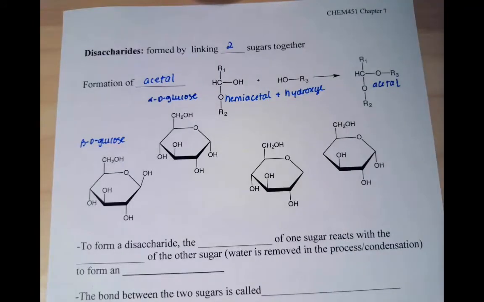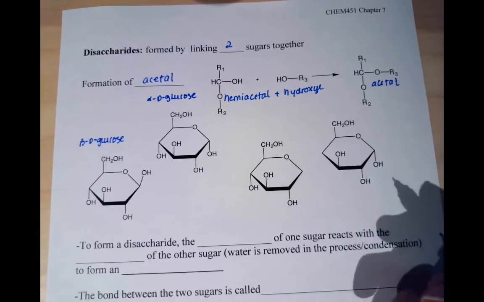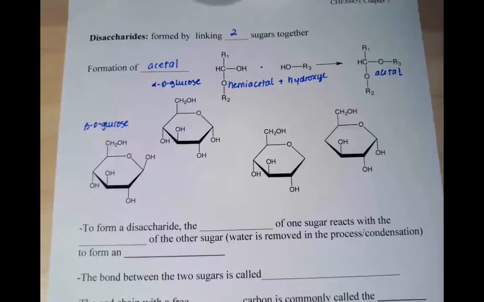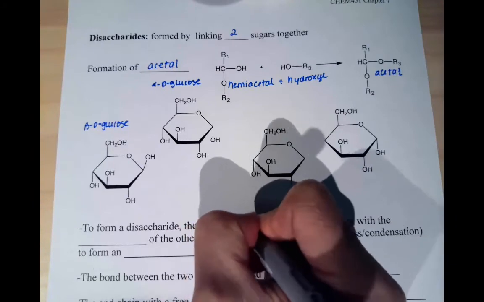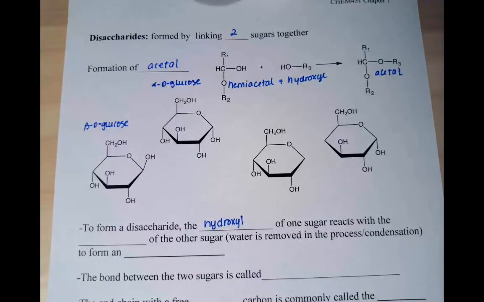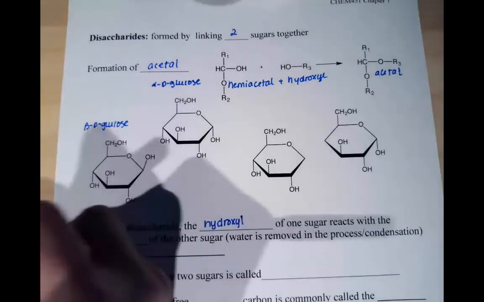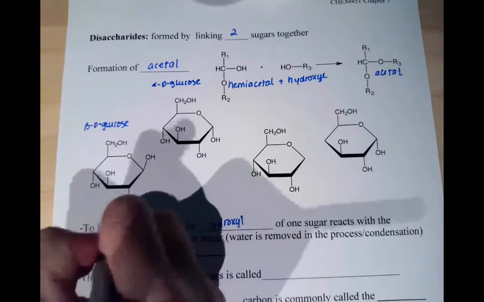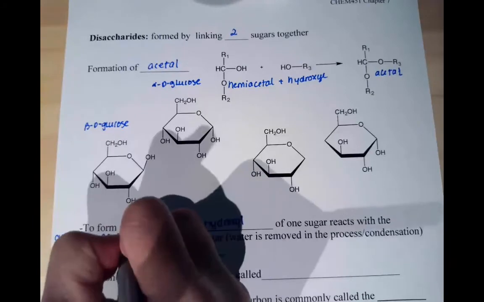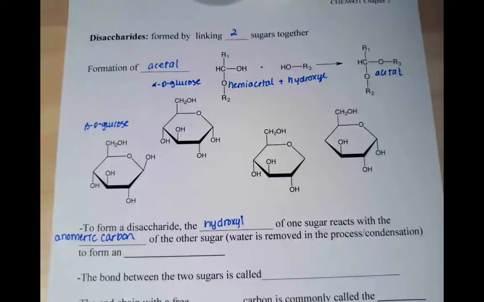To form a disaccharide, the hydroxyl group of one sugar will react with the anomeric carbon of the other sugar.